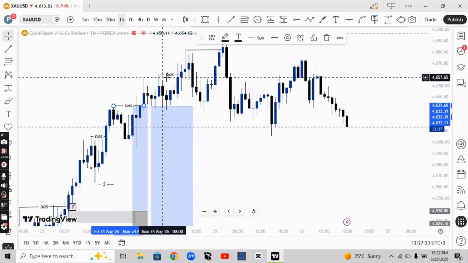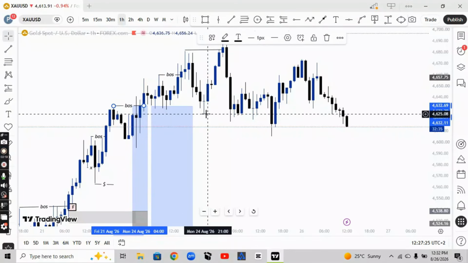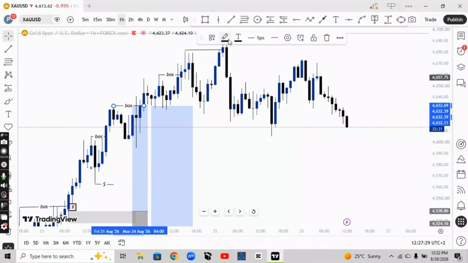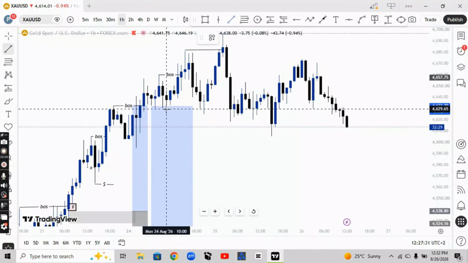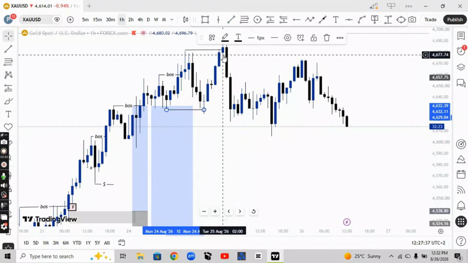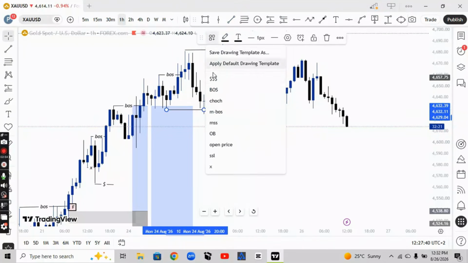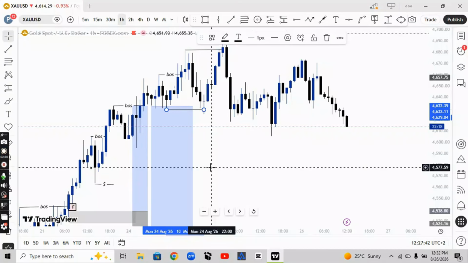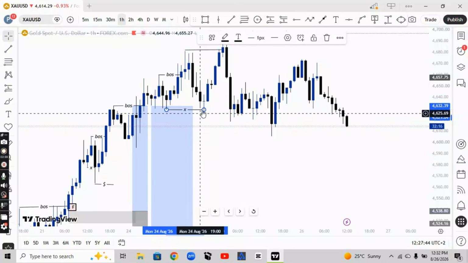So this is our last breakout structure, and this level here would be our protected low. Why? Because inducement was taken out here. Before we had this breakout structure, inducement was taken out, so that makes this low that broke structure a strong low.